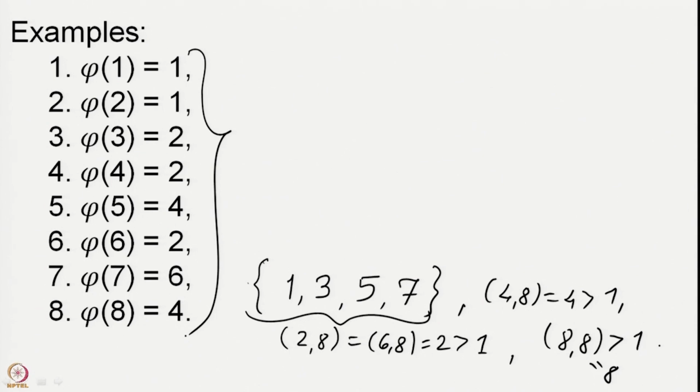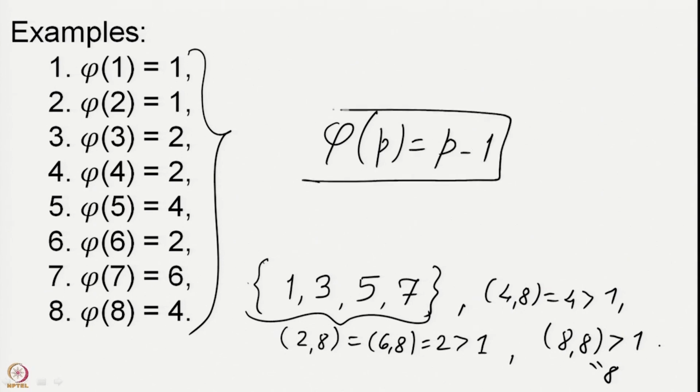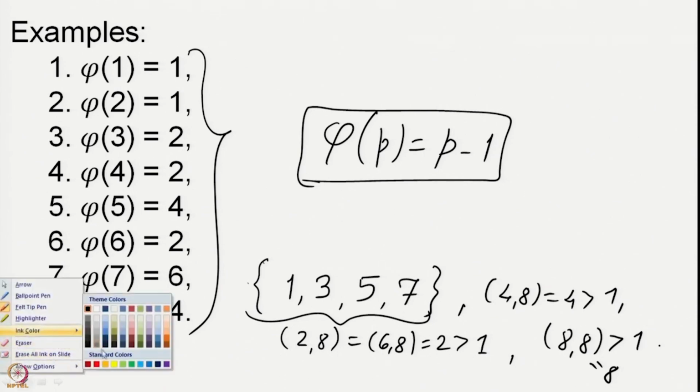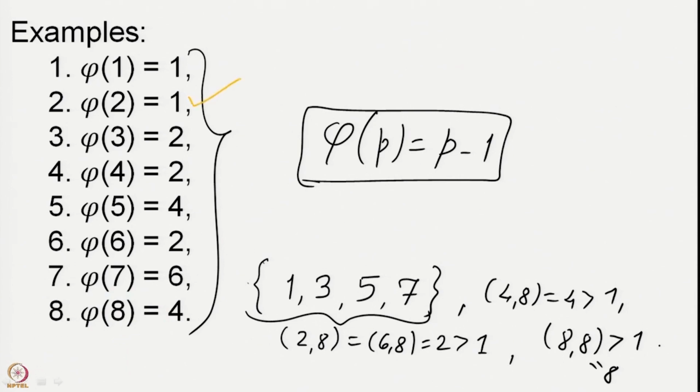And as we have observed, when you have phi of p to be p minus 1, we can actually write down the values for most of these numbers. For instance, phi of 2 is 2 minus 1, phi of 3 is 3 minus 1, phi of 5 is 5 minus 1, and phi of 7 is 7 minus 1. These could of course be written without even having to worry about it.